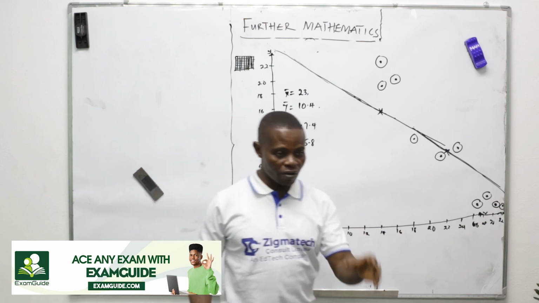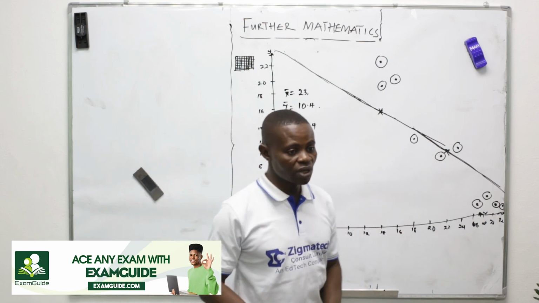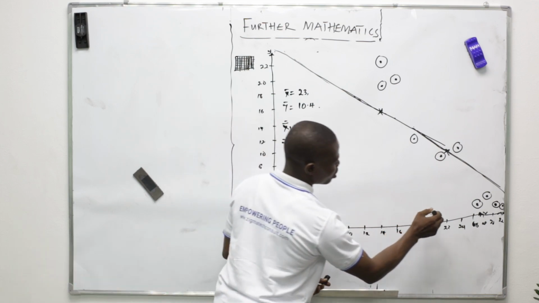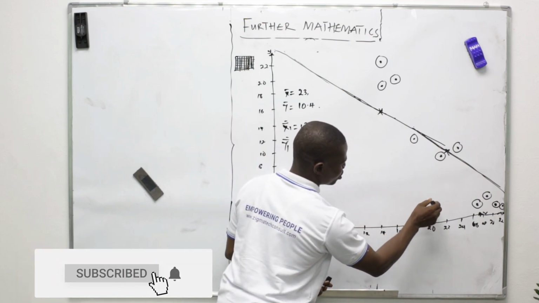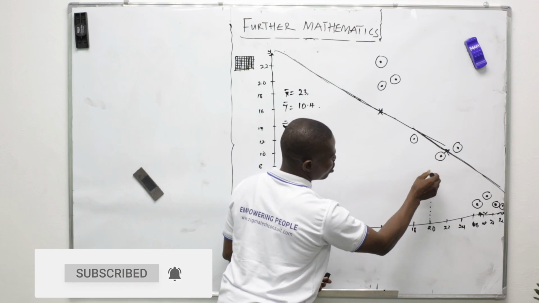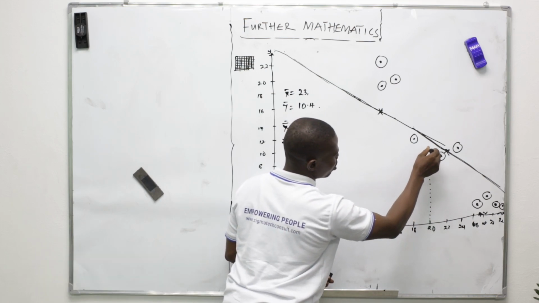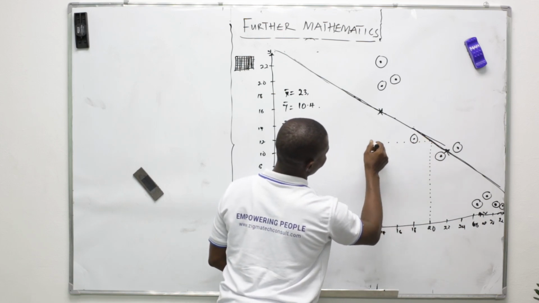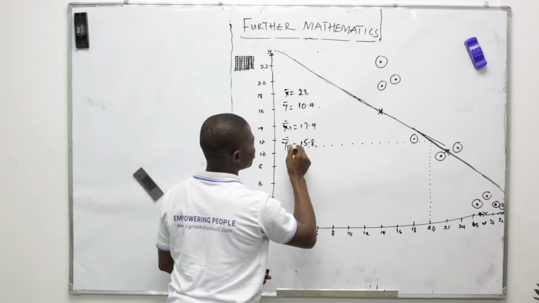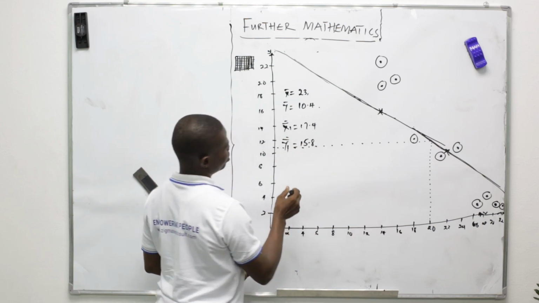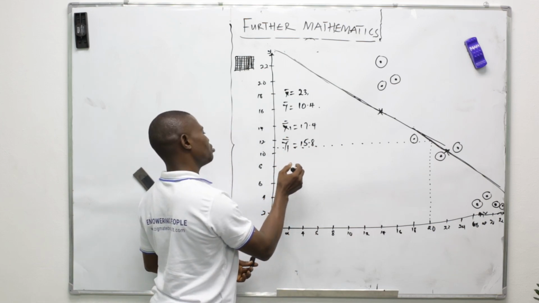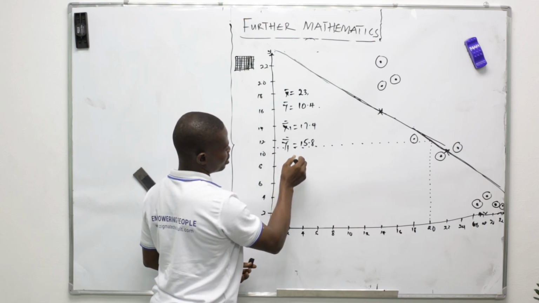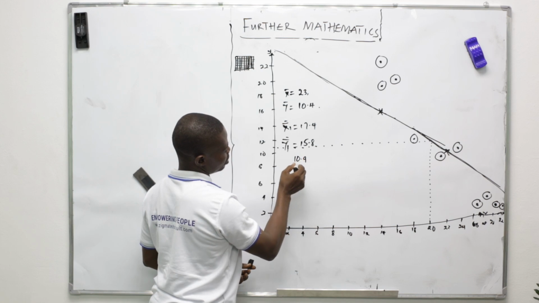Now the value of Y when S is 20 simply implies, see 20 here, trace it up until it touches this line you have drawn. Can you see it? So trace back to touch the Y axis, meaning about, let's say 10.9.